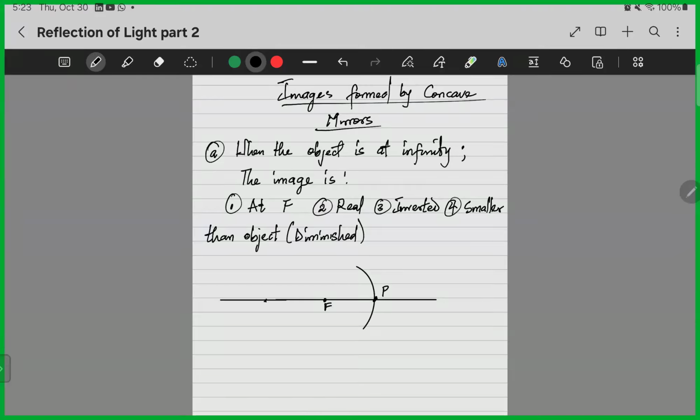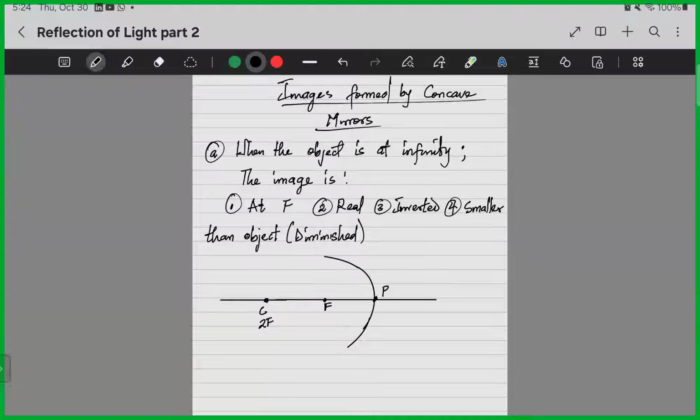Now I have the center of curvature, which is also 2F. You understand? Let me extend this. Okay, so the object is at infinity.